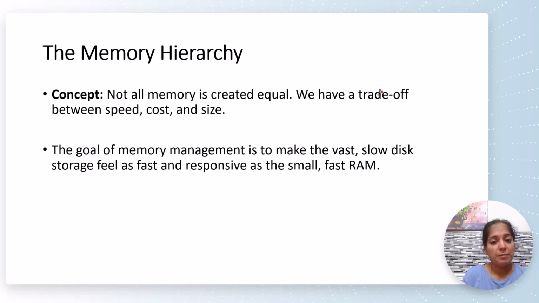The goal of memory management basically is to make the vast and slow disk storage feel as fast as possible, like RAM, because if your processor is going to directly deal with the slow storage, the speed mismatch will be there and you cannot utilize the processor, because the processor is very fast in comparison to this disk storage. So we have a memory management unit which makes this operation pretty compatible.